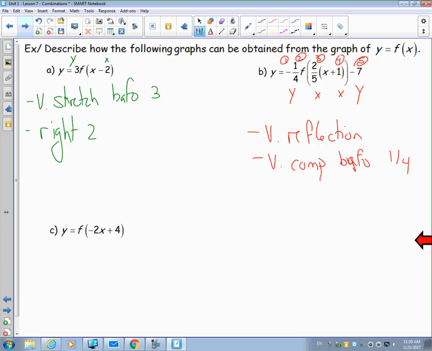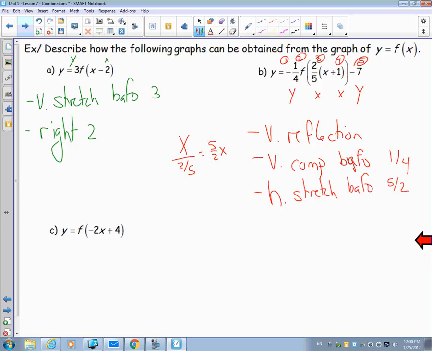The 2/5 inside the bracket, that's a horizontal thing. It's inside. It's an X thing. X's do the opposites. I need to divide by 2/5. Well, if I divide by 2/5, that's the same thing as saying 5/2 times. That's bigger than 1. So that's a horizontal stretch by a factor of 5/2.